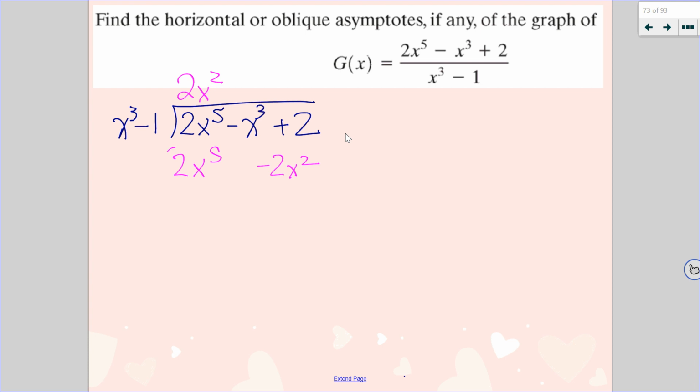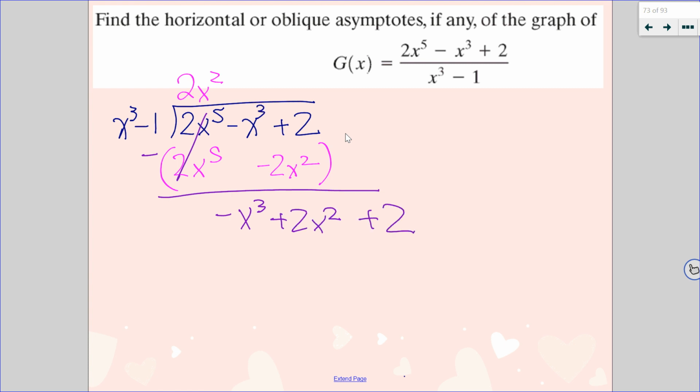And then I'll subtract. So I get negative x cubed, positive 2x squared plus 2. And then I ask, x cubed times what is negative x cubed? Minus 1. And again, when doing this work for end behavior, the remainder doesn't matter. It just goes to 0 as x goes to infinity.